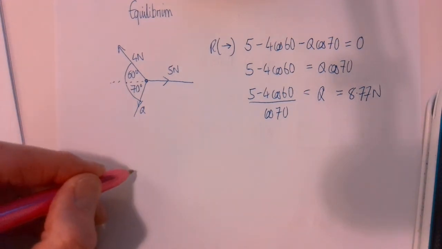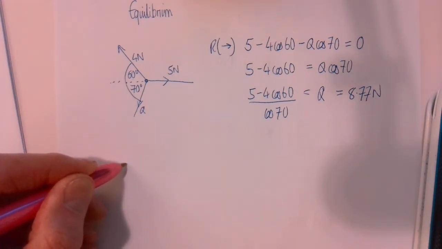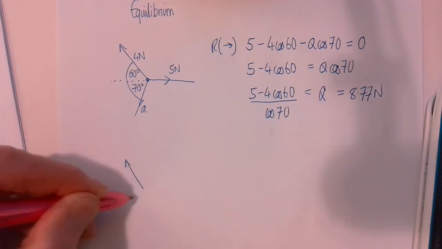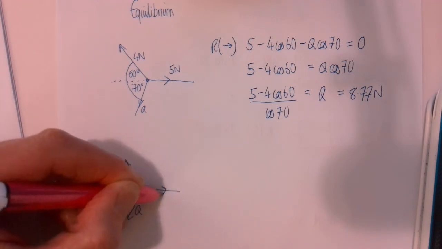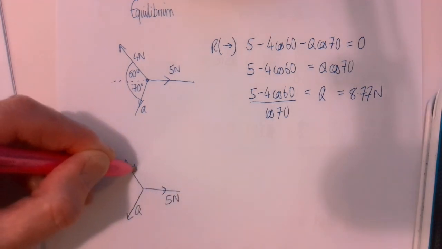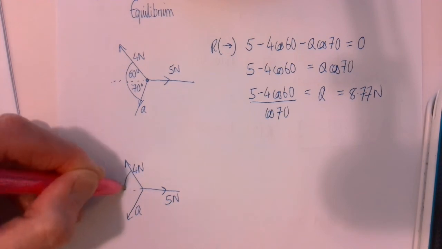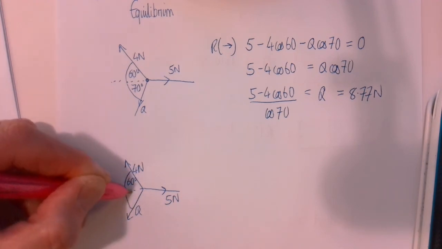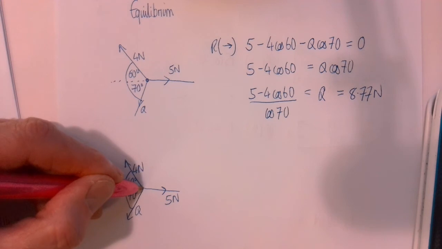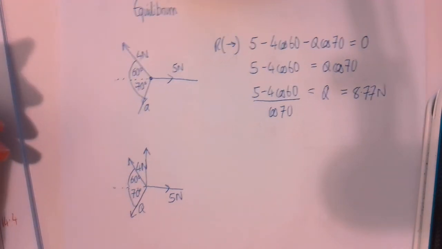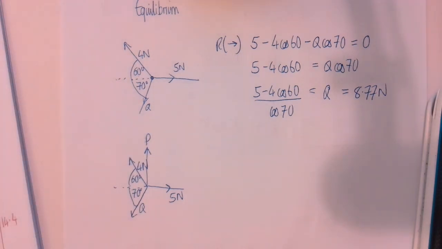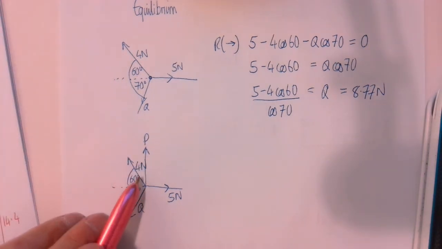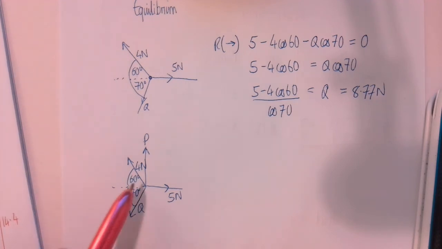Okay, what about if we've got an equilibrium situation, a bit like that one, where there are two forces that we don't know? So same problem. 5 newtons there, 4 newtons there, with a 60 degree and a 70 degree angle. But let's say there's an additional force acting vertically, and let's call that P. Now, because it's acting vertically, I know it won't have any effect in the horizontal direction.